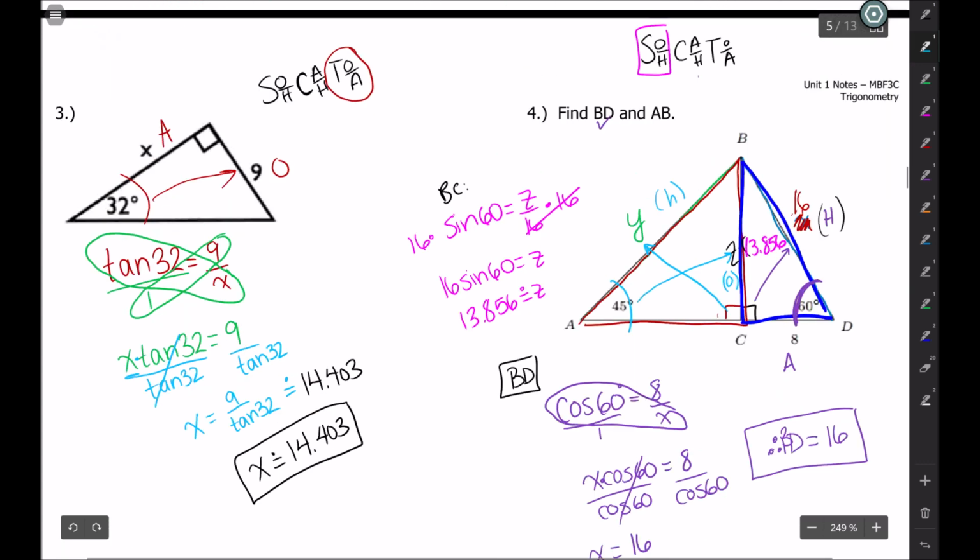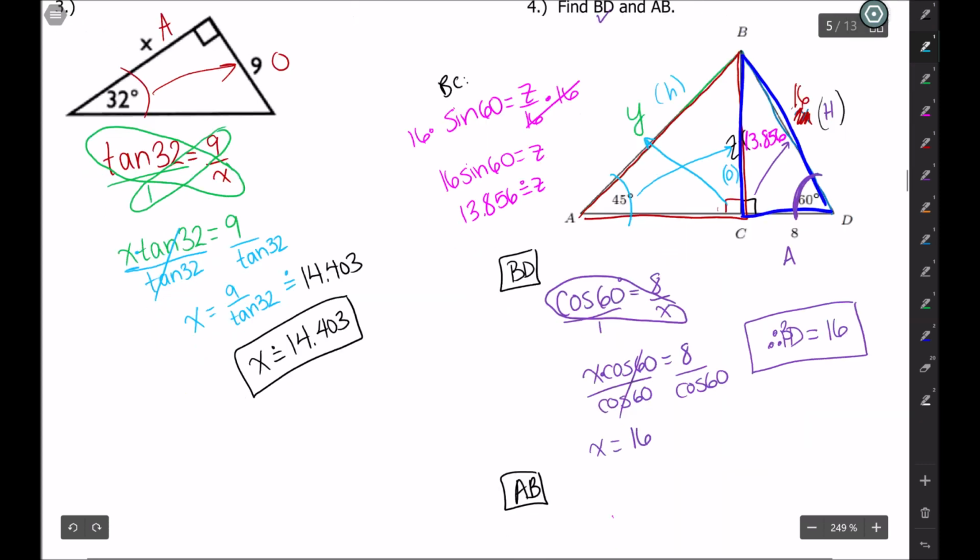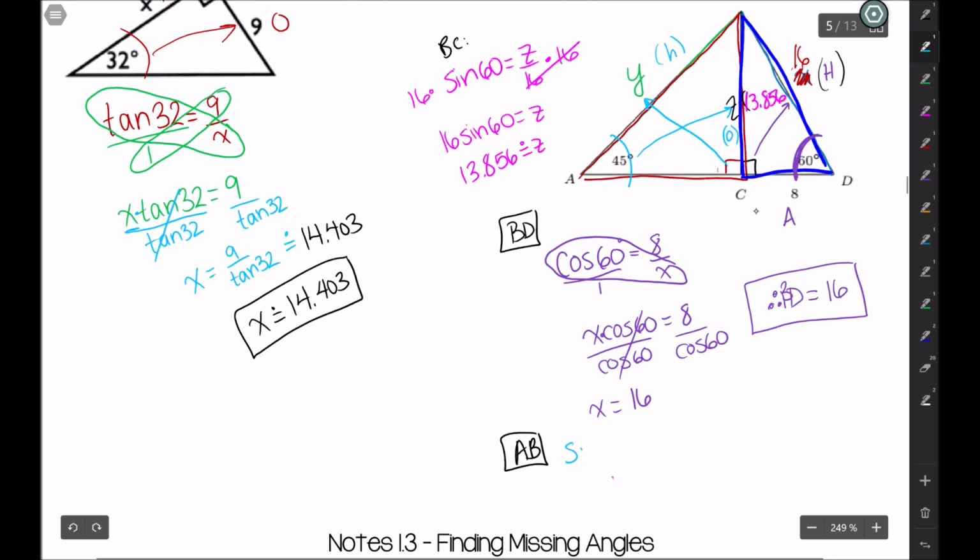So using SOHCAHTOA, since I have opposite and hypotenuse, I'm still going to use sine. So I'm going to say that the sine of 45 is equal to the opposite, which is 13.856, over the hypotenuse, which is y.